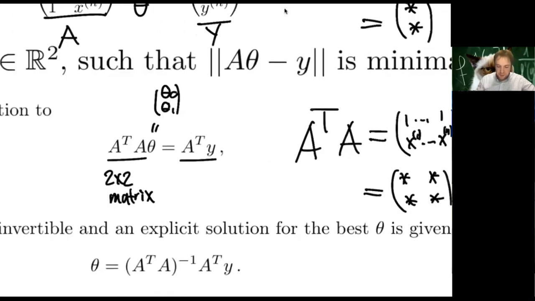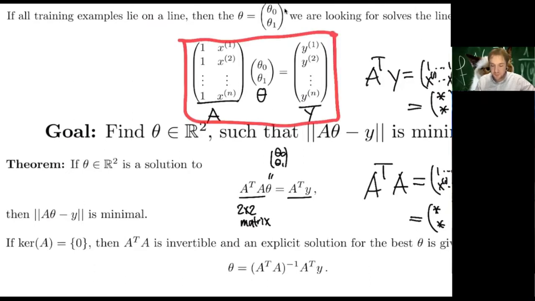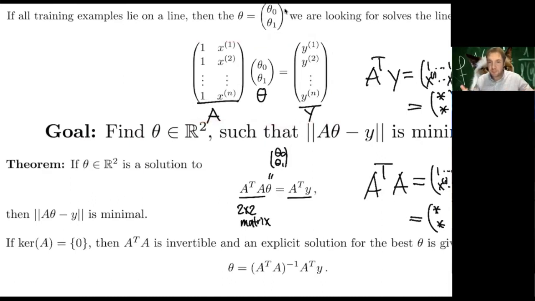So here the statement is that if I want to find the best possible solution to this equation, which maybe doesn't have any solution, but we want to find the best possible one, we can solve this linear system with 2 equations and 2 variables. And this in general has an exact solution.